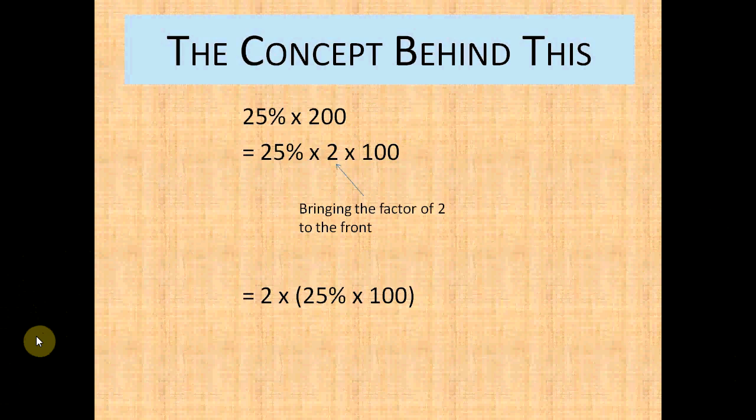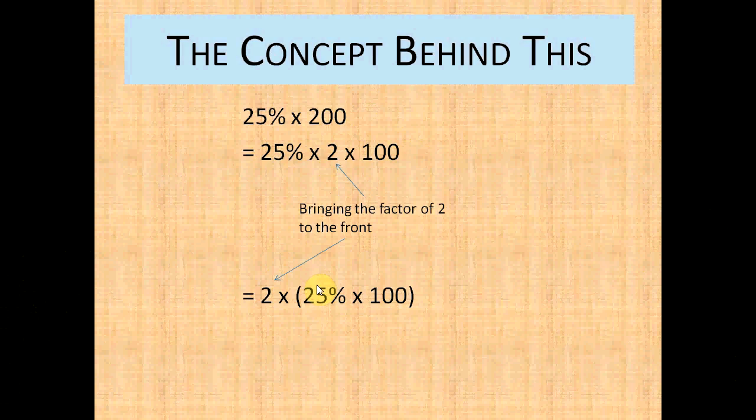By some rearrangement, I've got 25% of 200 as twice of 25% of 100. And 25% of 100 is very easy to calculate. In fact, you don't have to calculate anything, because 25% of 100 will be 25. Any percentage of 100 will be that percentage number.